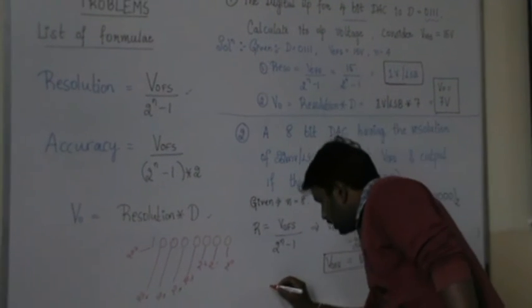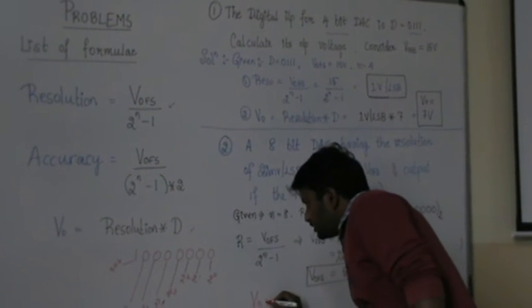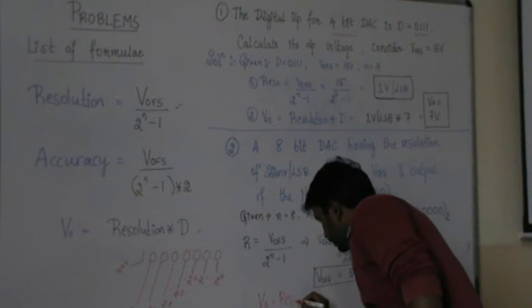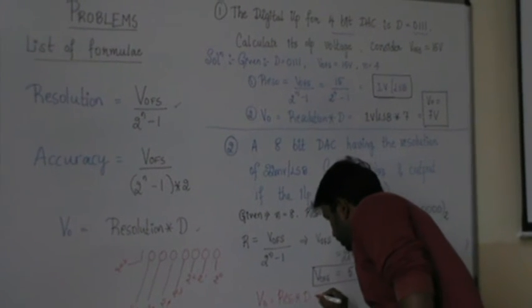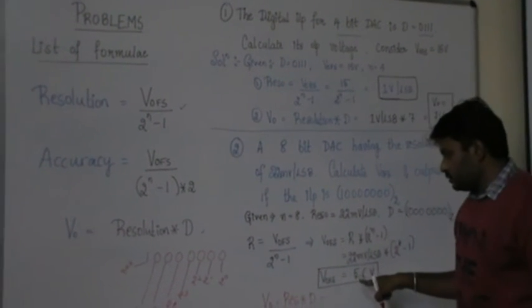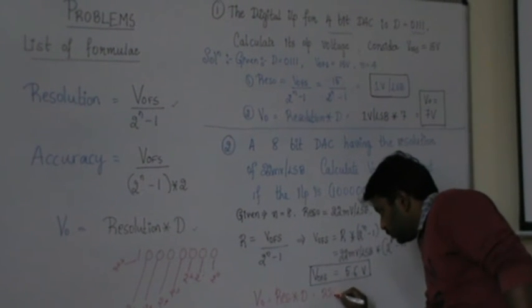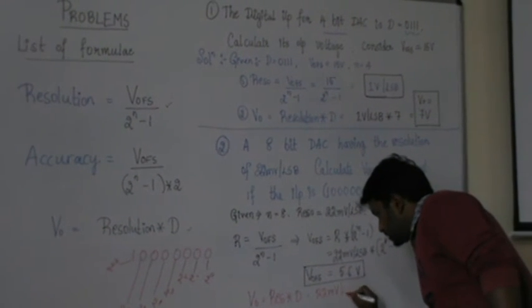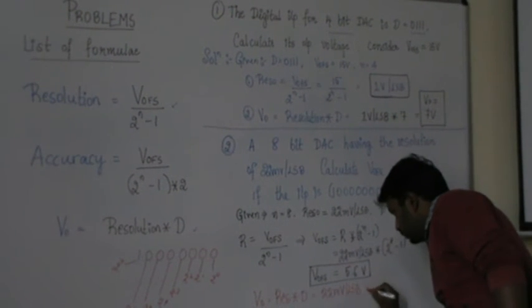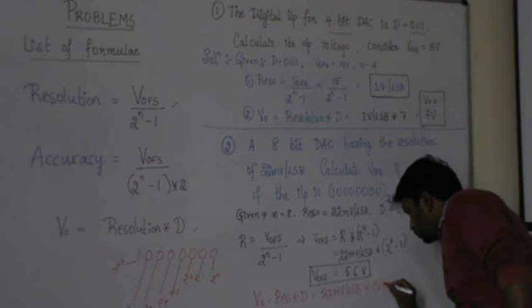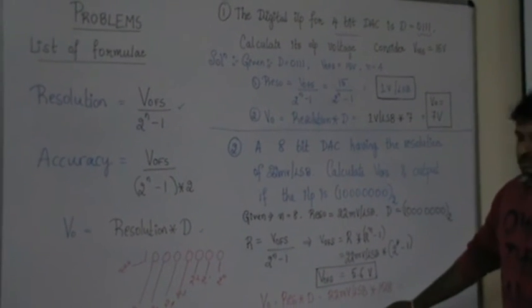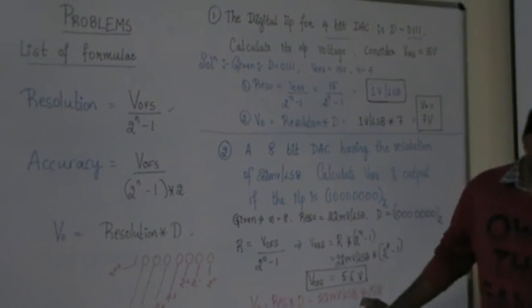Therefore, I can write directly V0 is equal to resolution into D. The resolution they have given here is 22 millivolts per LSB, into 128. Use the calculator and tell the final answer, that is V0.